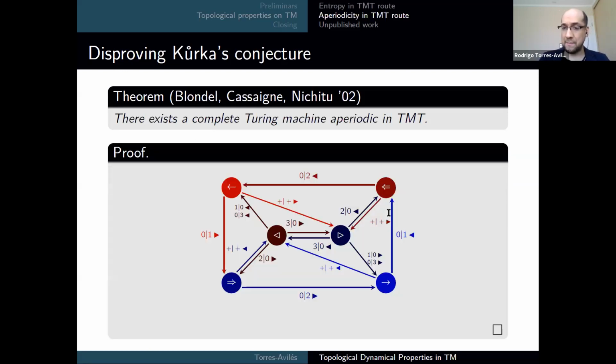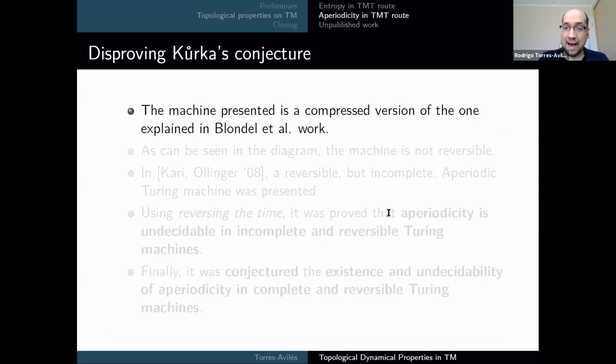This machine that you see here is a compressed version of the original machine presented in that work, which has, if I recall correctly, 36 states. As can be seen in the diagram, this machine is not reversible.